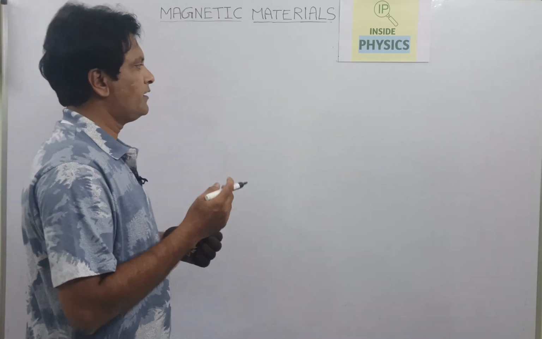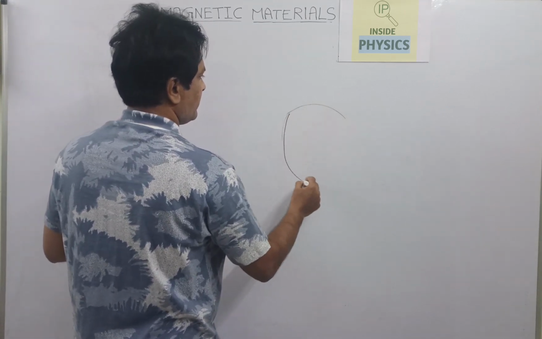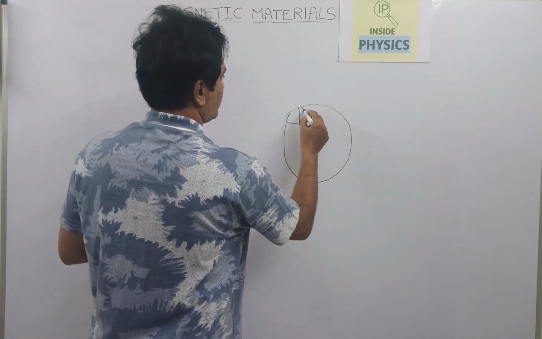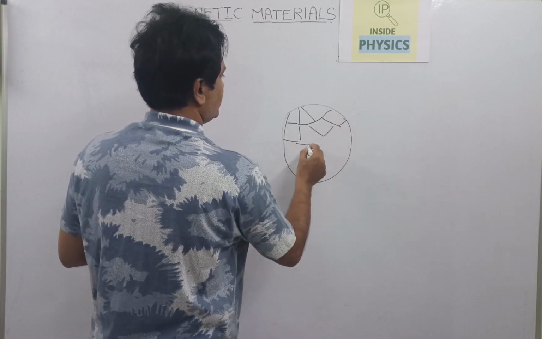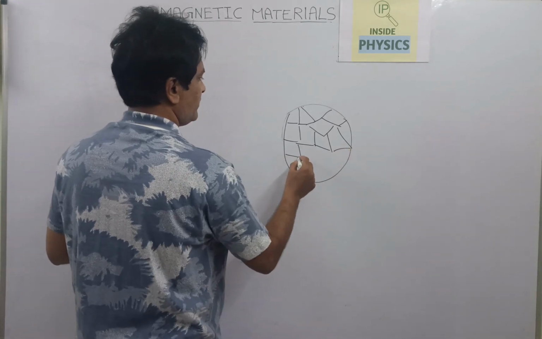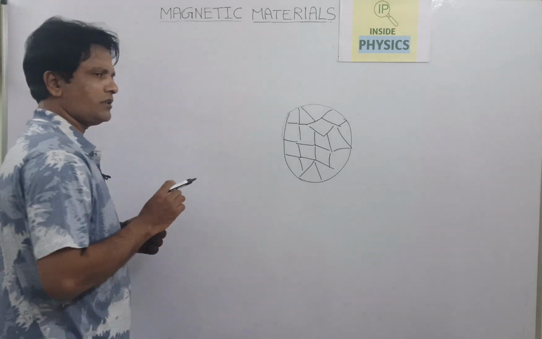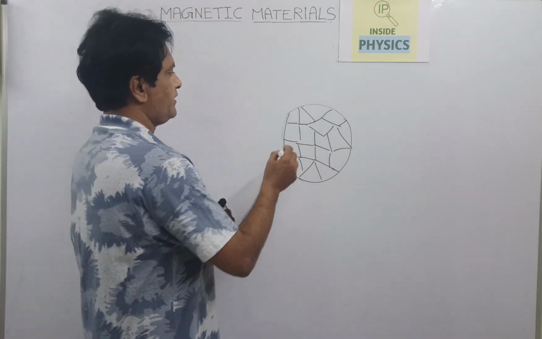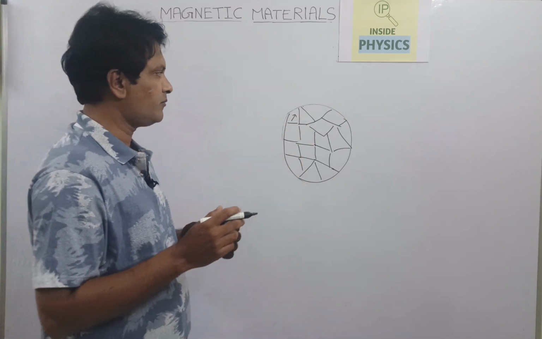In the same way, a ferromagnetic material may be divided into small regions. They may appear irregular, but you can imagine that these regions are the cause for total spontaneous magnetization of the ferromagnetic material. Inside these regions you will have atoms or ions or molecules.